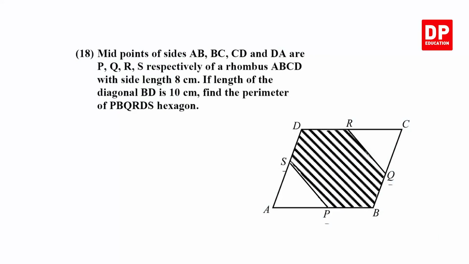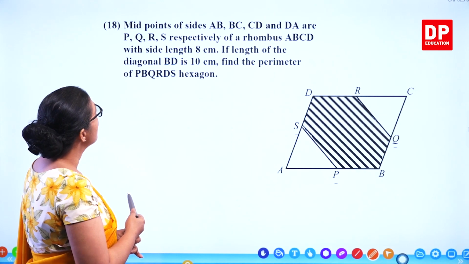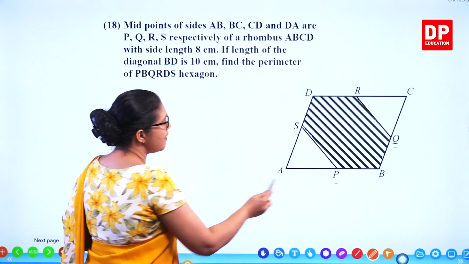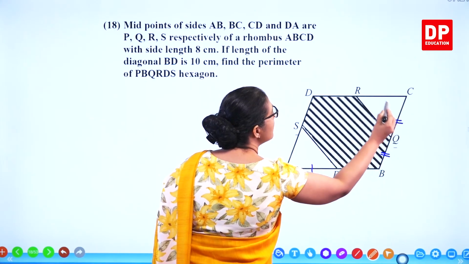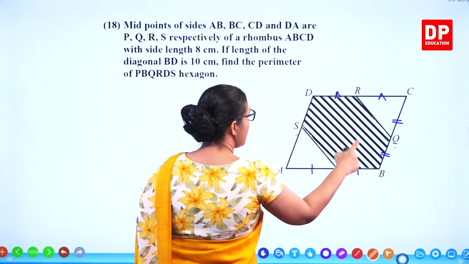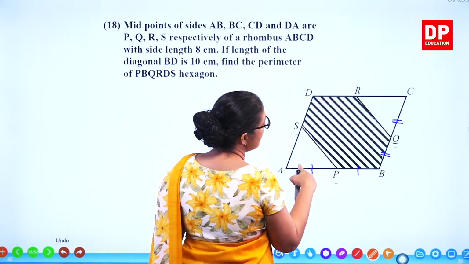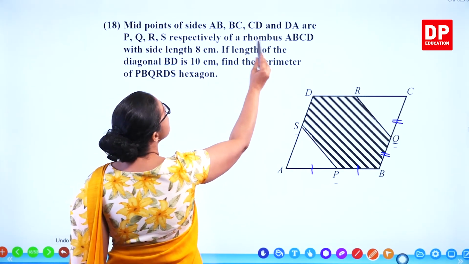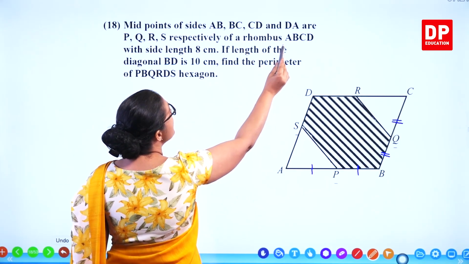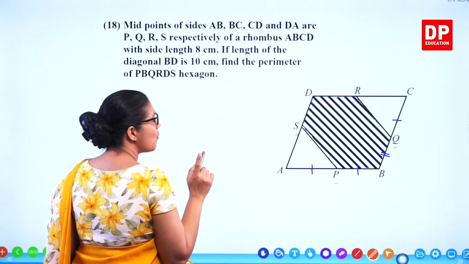Question number 18. Midpoints of sides AB, BC, CD and DA are P, Q, R, S. So that means all these lengths are equal. Here we can say same length. It's not given as a parallelogram, it's given as a rhombus ABCD, so all sides are equal.